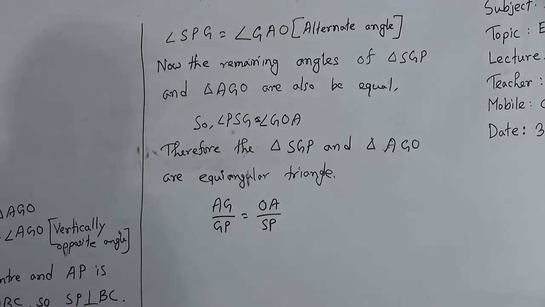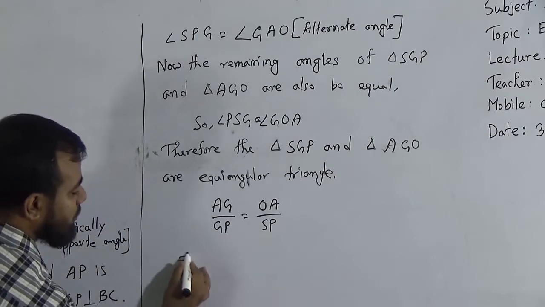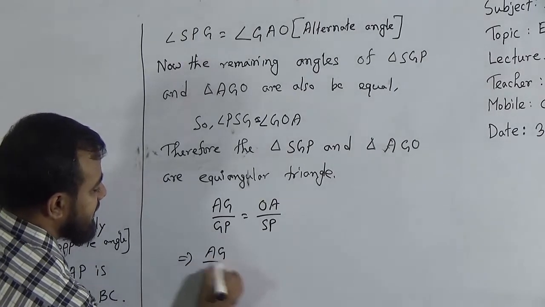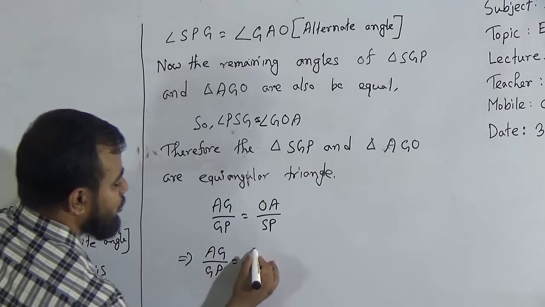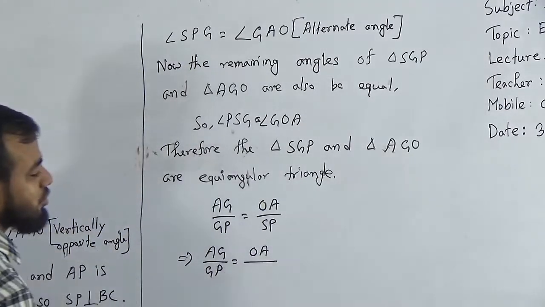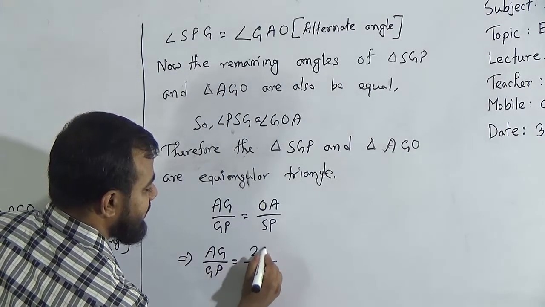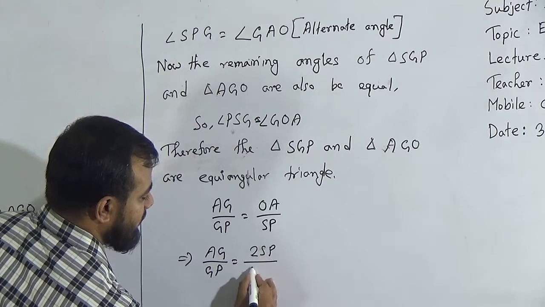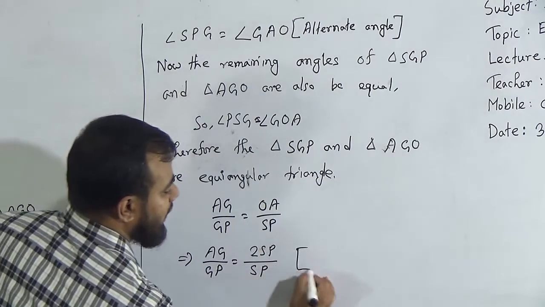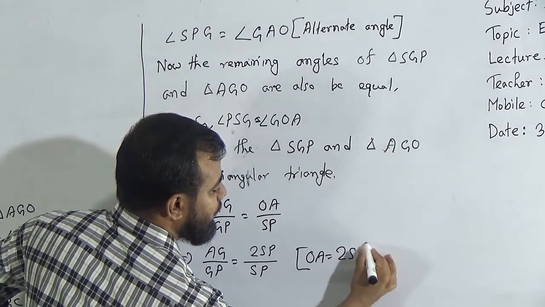Now, my dear students, if we put the value from 1, we can write down AG divided by GP, that's equal to OA divided by SP. OA equals 2 SP from 1.